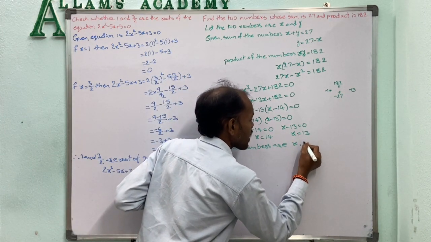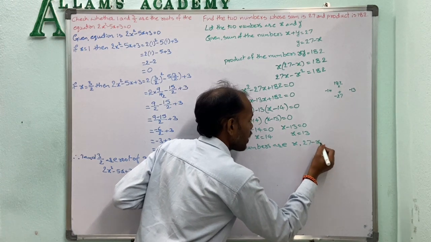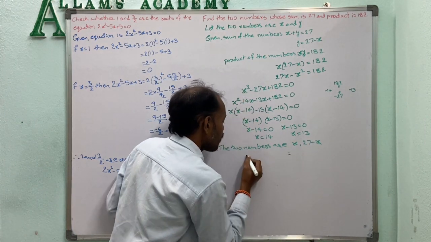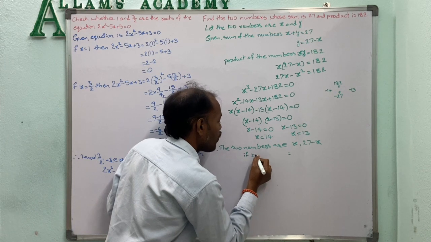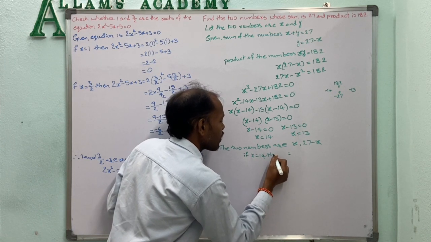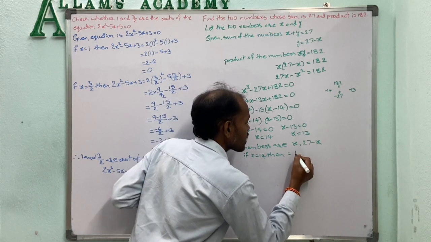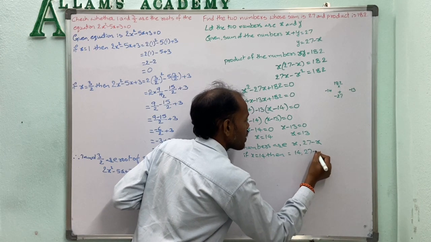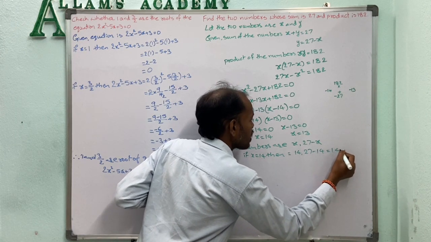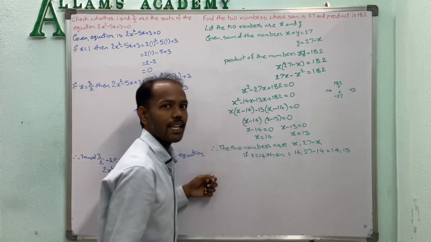xy means that they are nothing but x and 27 minus x. Now if x equal to 14, then what happened? x equal to 14 and 27 minus 14, that are nothing but 14 and 13.